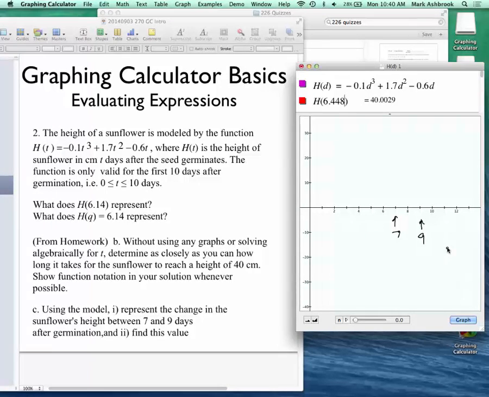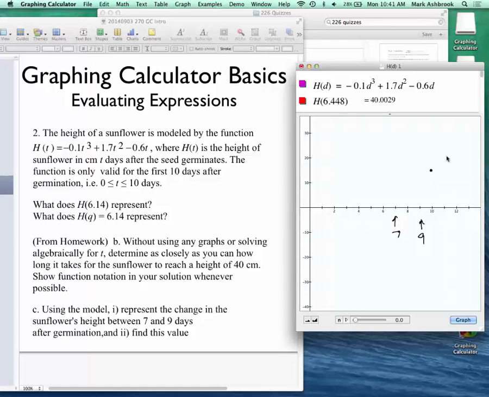This is a change in the number of days from 7 to 9. Have you talked about how to represent that amount of change? Yes. What is it? H of 9 minus H of 7. No, I'm just talking about days, not the height of the sunflower. Have you talked about how to represent a change in any quantity symbolically using a symbol?